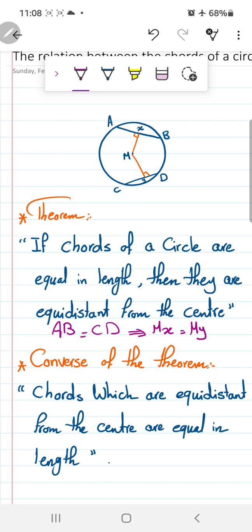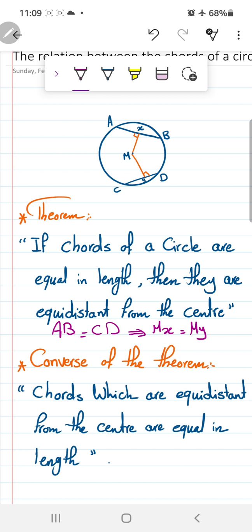And we said before, equidistance means we have perpendicular.